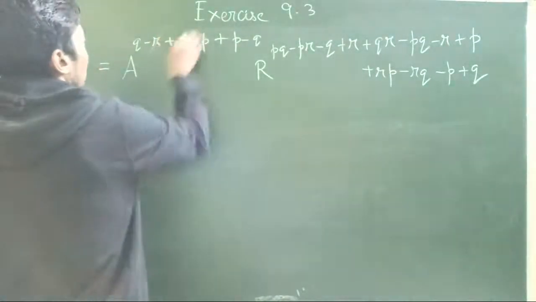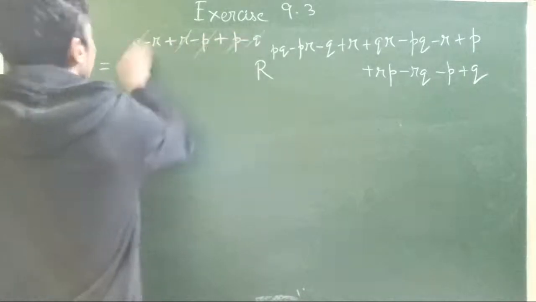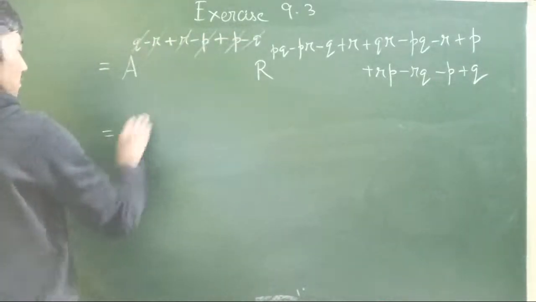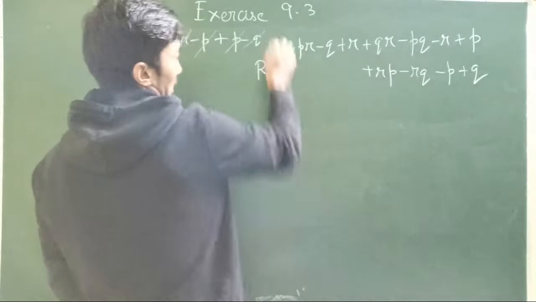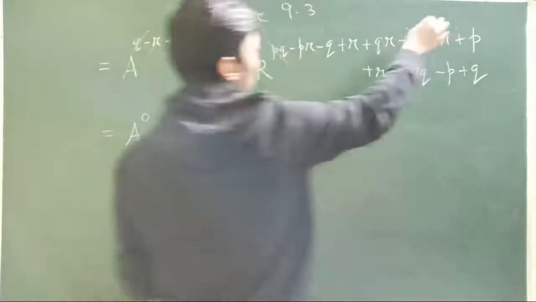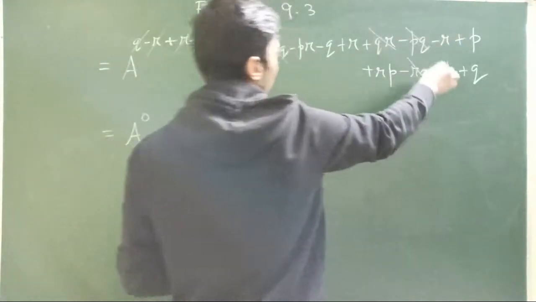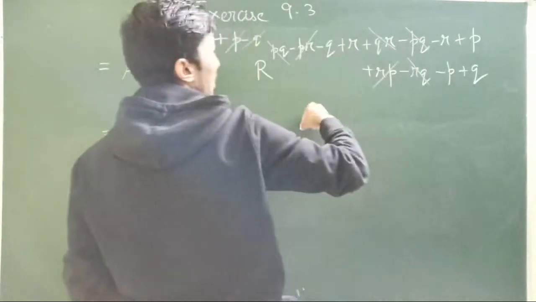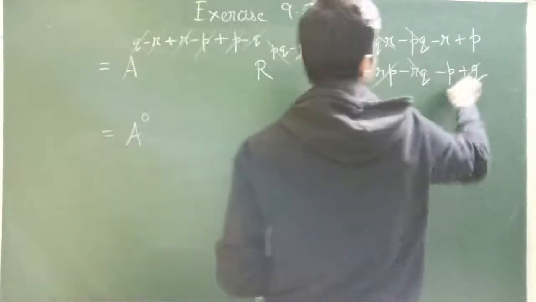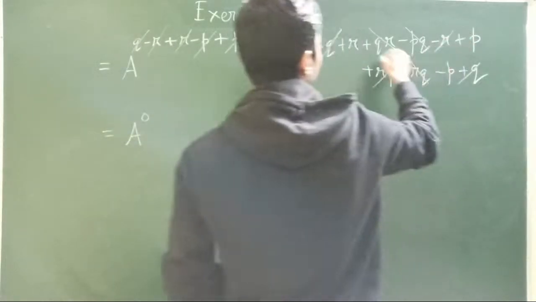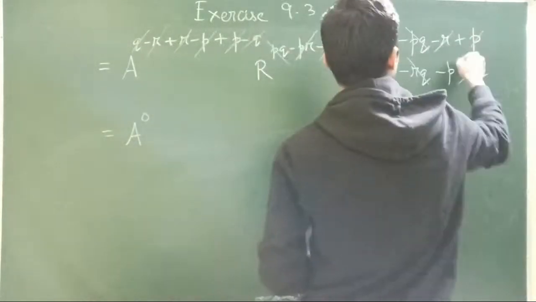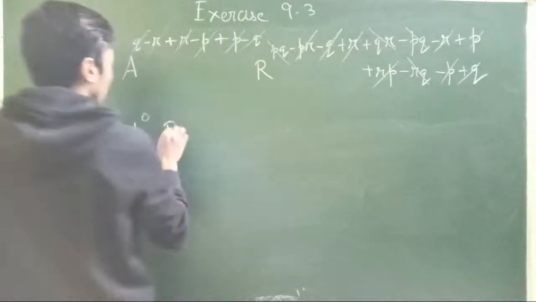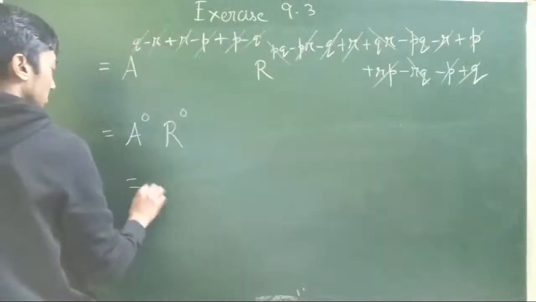What do we have? A to the power 0. For r, this is pq minus pq, qr minus qr, plus pr minus pr, plus q minus q, minus r plus r, plus p minus p, so r to the power 0.